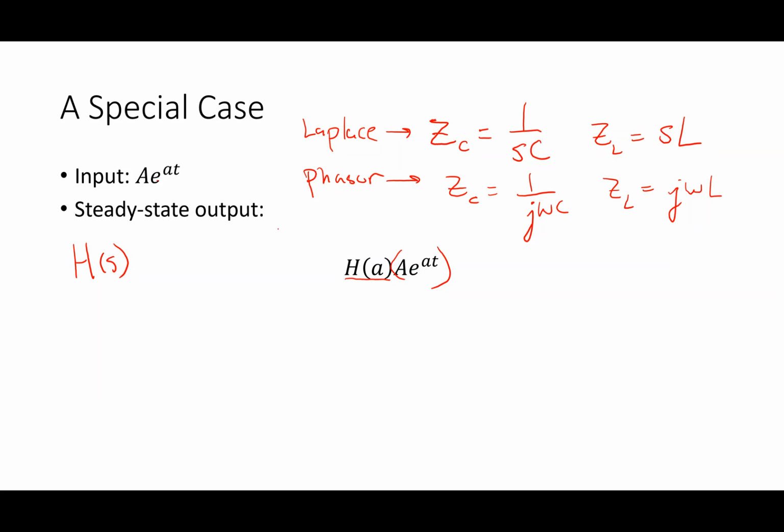If I go through the math and say this becomes 1 over S minus A, and I plug that in and do partial fractions and all kinds of crazy stuff, basically what I find is the steady state portion of this output is the input times H, the transfer function, evaluated at S equal to A.